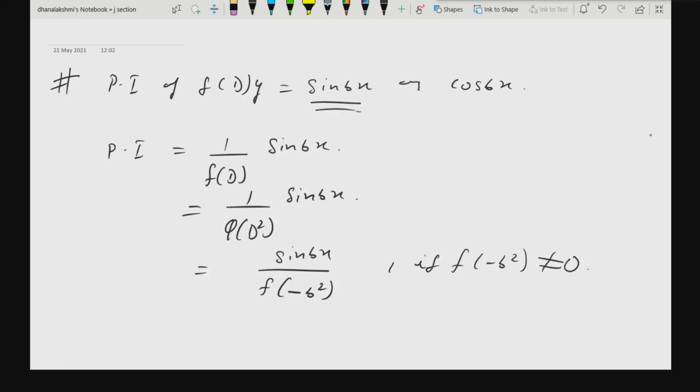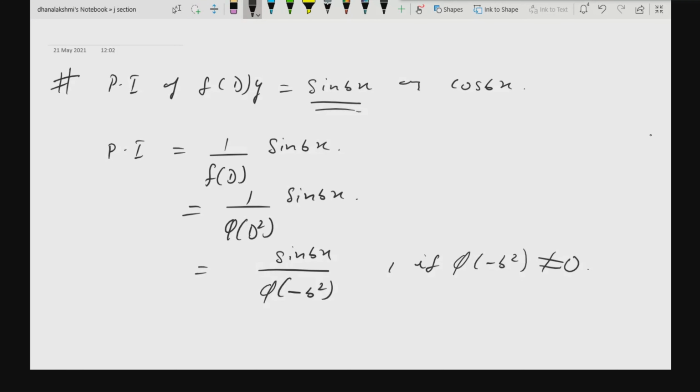Let me write phi itself here. That means wherever you have D square, that term you have to replace with minus b square. Remember, it is not minus b whole square. Minus b whole square will always be b square itself.